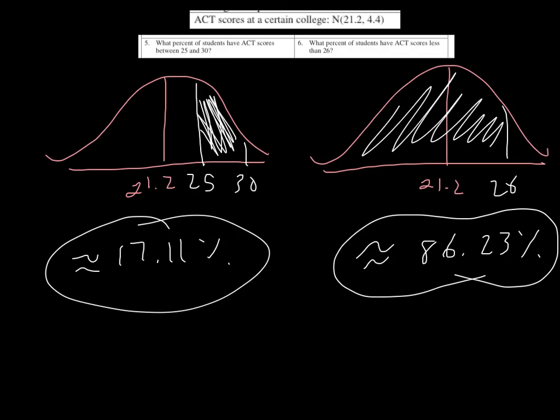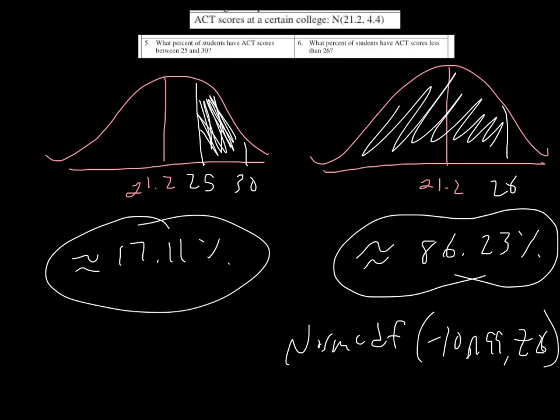But if you actually go into your calculator and go norm CDF for negative 10 to the 99, comma the z-score that's associated with 26, and enter. I know that's kind of a haphazard notation. You can't put that in your calculator like that. You'll get 86.23% as well.